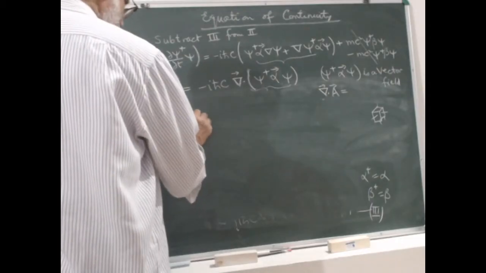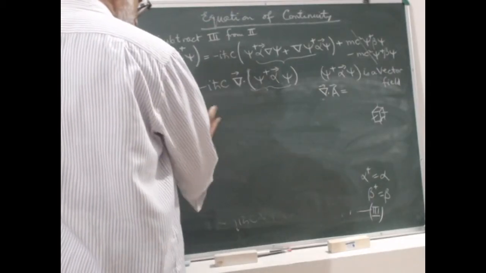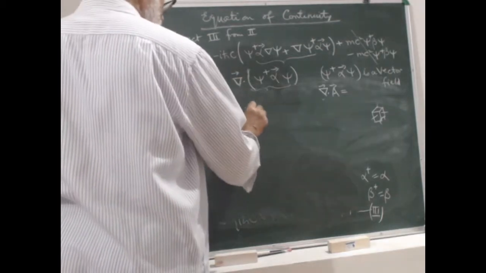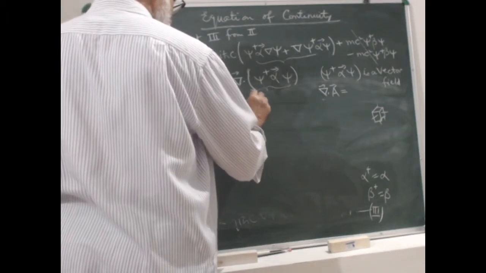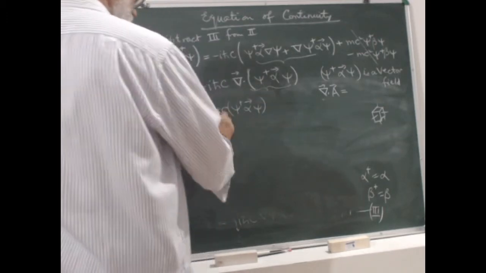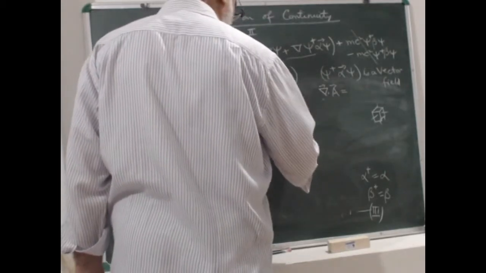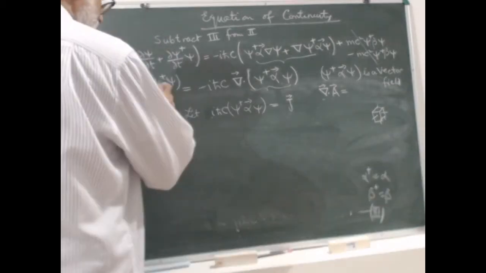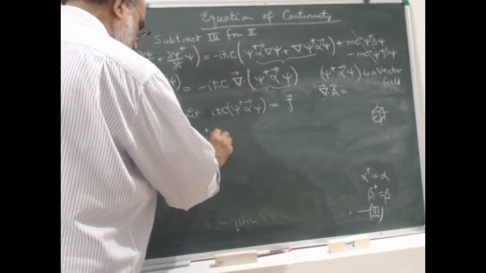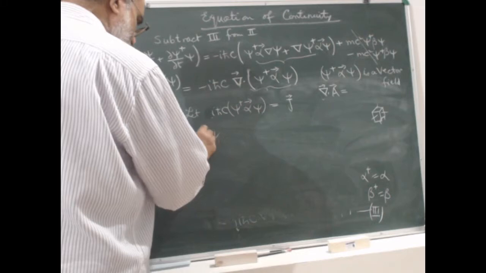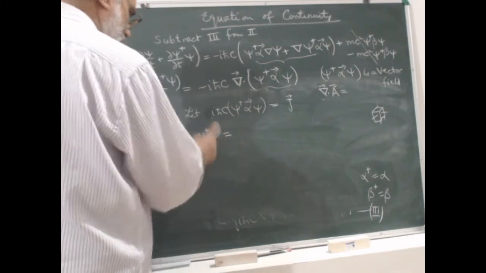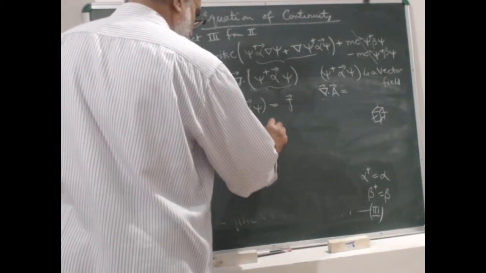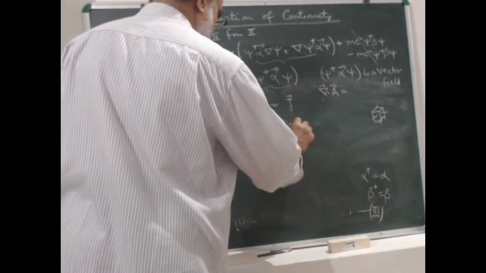Let i h cross c, this is a vector field, say it's called the J vector field, and this psi dagger psi is nothing but, we know, a probability density.